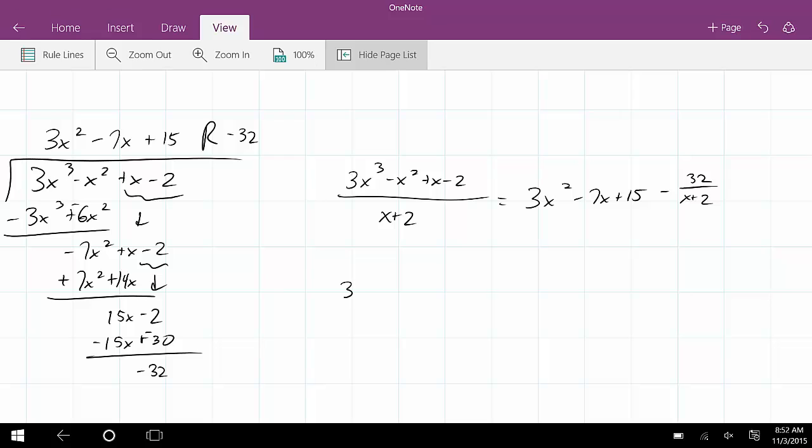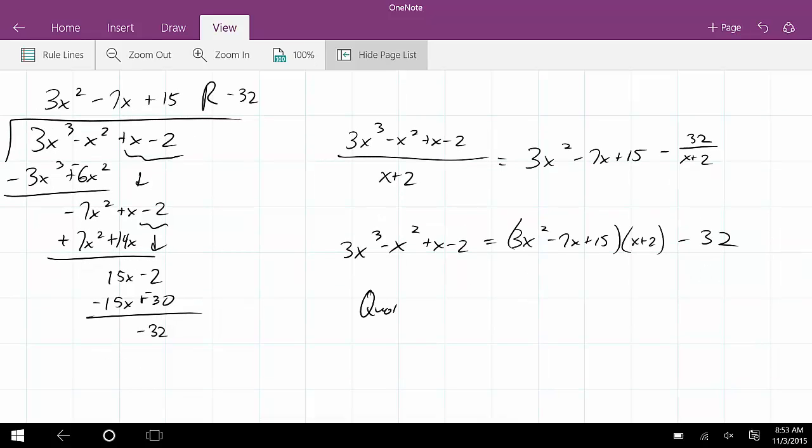Alternatively, you could say that 3x cubed minus x squared plus x minus 2 is equal to 3x squared minus 7x plus 15 times x plus 2, minus 32. So the point is we found the quotient. The quotient is 3x squared minus 7x plus 15, and the remainder is negative 32.